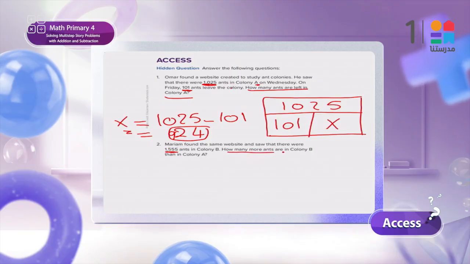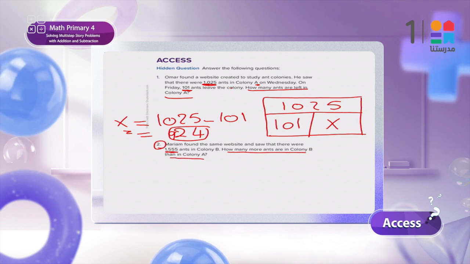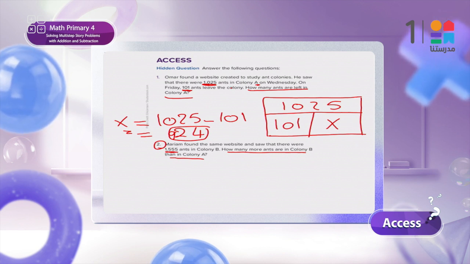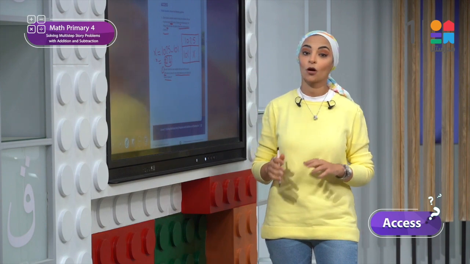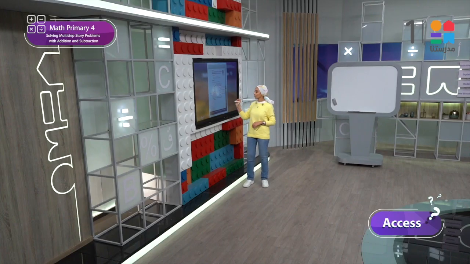Let's first read the question of problem number 2. Mariam found the same website and saw that there were 1555 ants in colony B. How many more ants are in colony B than in colony A? So what did Mariam do?